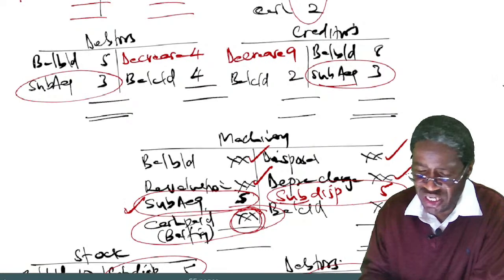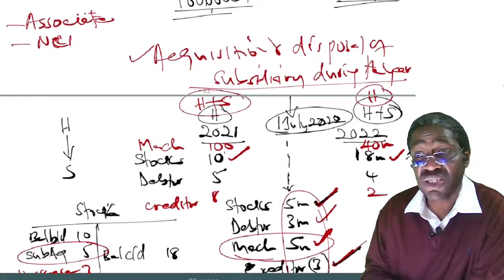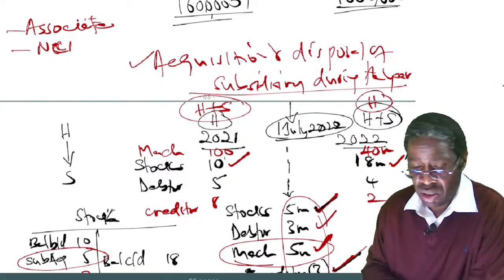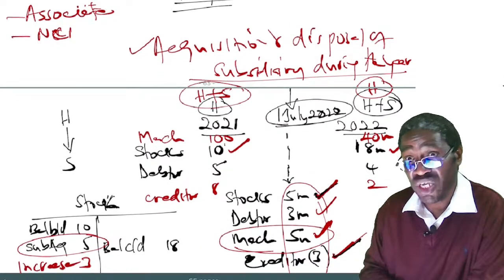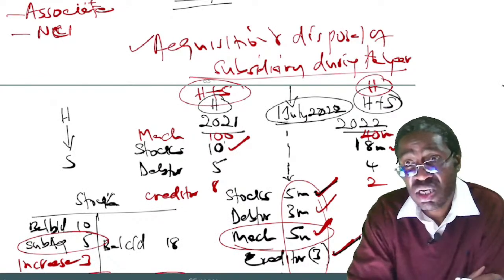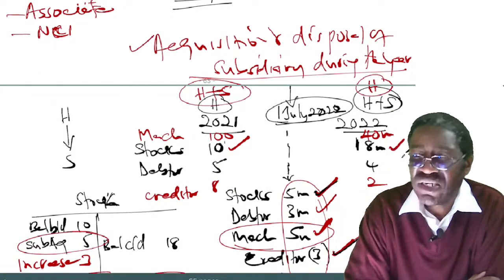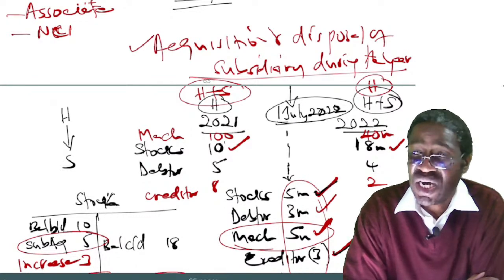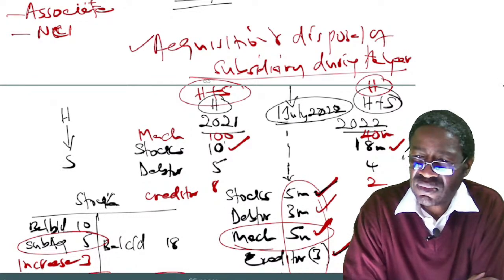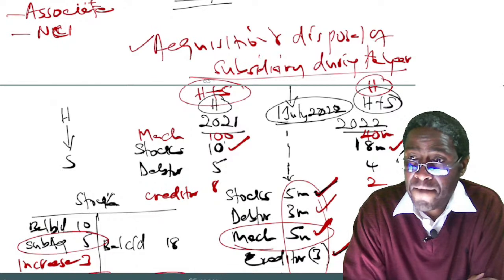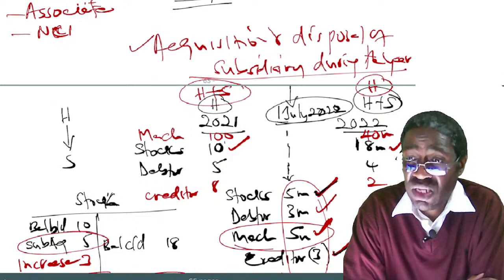Last time we finished the subsidiary, associate, and non-controlling. Today we are starting with acquisition and disposal. Put it as a subheading: acquisition and disposal of subsidiary during the year.